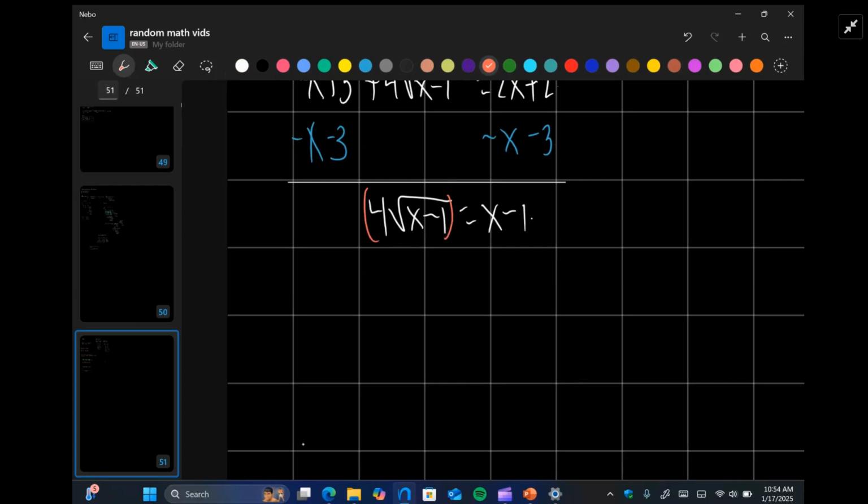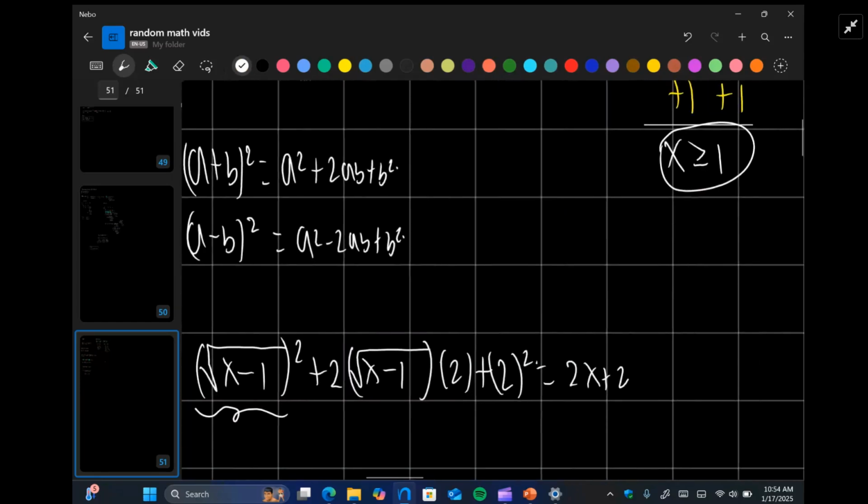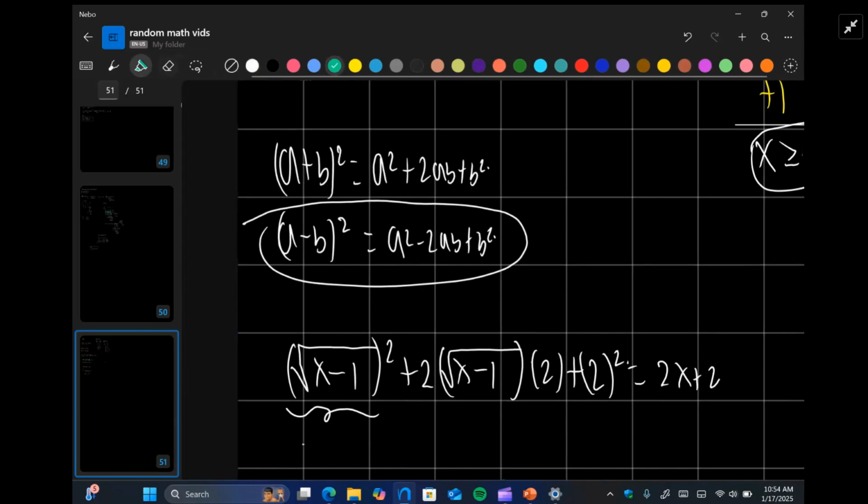As you can see, now we can square both sides. It becomes a little easier now. We get 16 times x minus 1 equals x squared minus 2x plus 1. So again, like I said, we're using the second equation to do this part here.